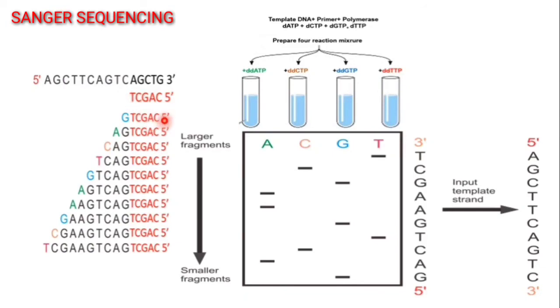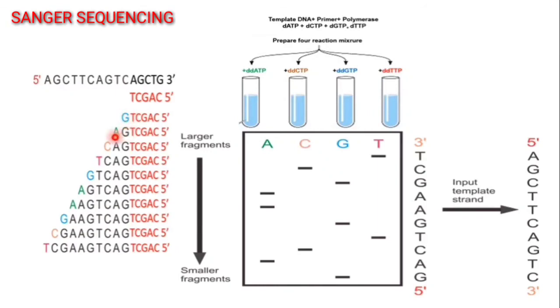Here in the G tube, first the polymerase added ddGTP, so the growth of this chain is stopped and terminated.